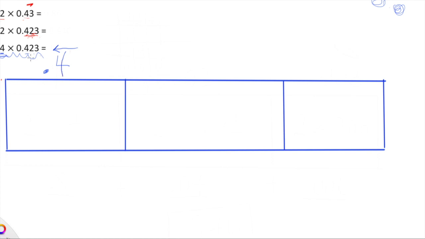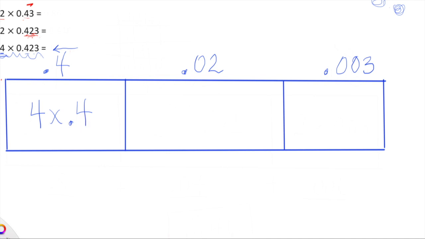When we decompose 423 thousandths, we are left with 4 tenths, and then we have 2 hundredths, and finally we are looking at 3 thousandths. Inside each of these boxes, inside of each of these rectangles, we're going to write the expression. So our first expression is going to be 4 copies of 4 tenths. 4 copies of 4 tenths looks like this in expression form.